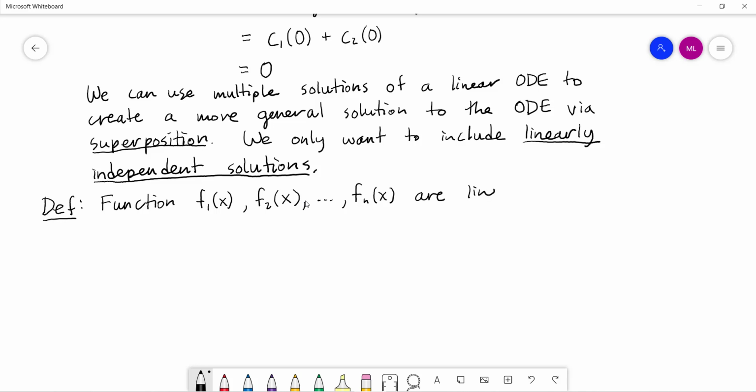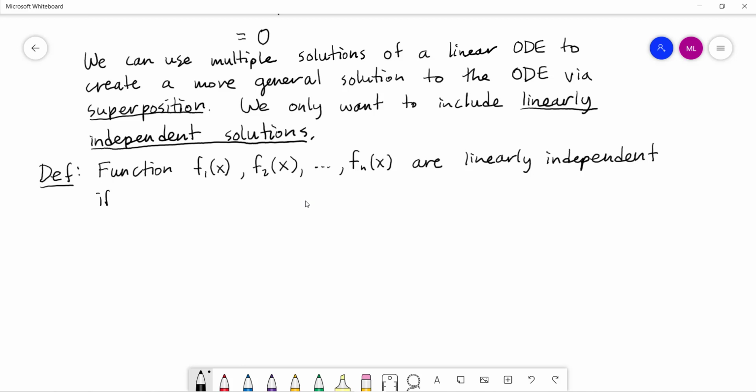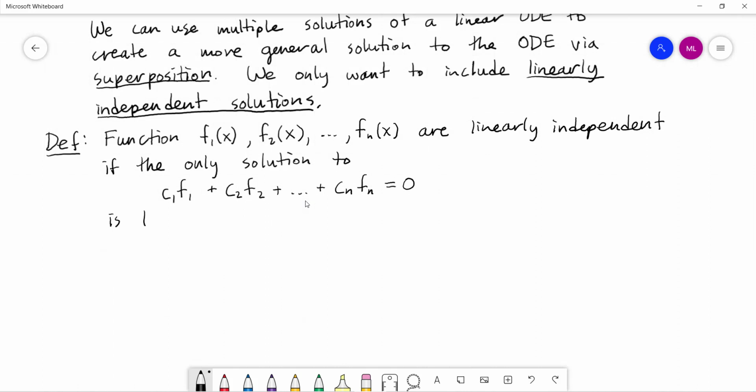These functions are linearly independent if the only solution to the following, c1 f1 plus c2 f2 plus dot dot dot plus cn fn equals 0, so that's the equation, is that c1 equals c2 equals dot dot dot all the way up to cn, and they're all equal to 0.